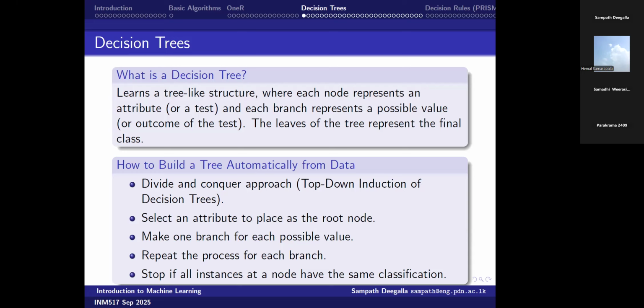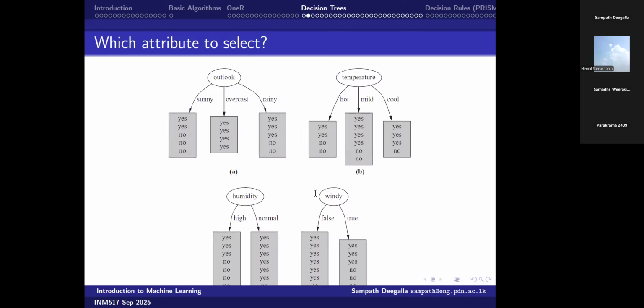And after you get the branches, you try to fit other attributes. By repeating this process, you create a decision tree. That's a simple idea. Now, one of the issues is, when we have attributes, which one are we going to select? That was the question.